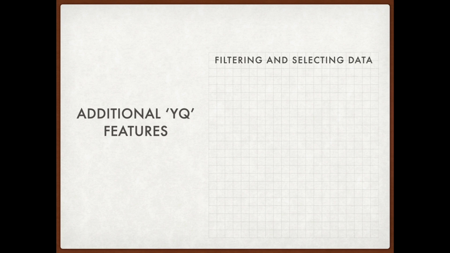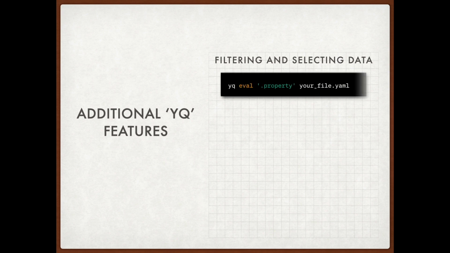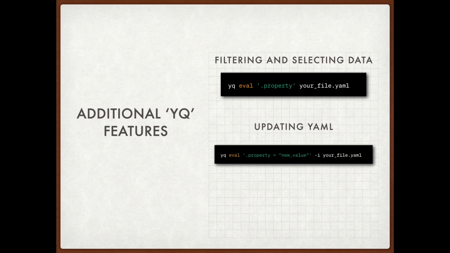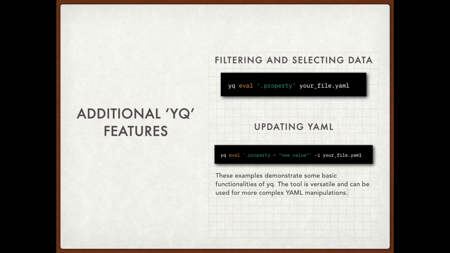Filtering and selecting data. Updating YAML. These examples demonstrate some basic functionalities of YQ. The tool is versatile and can be used for more complex YAML manipulations.